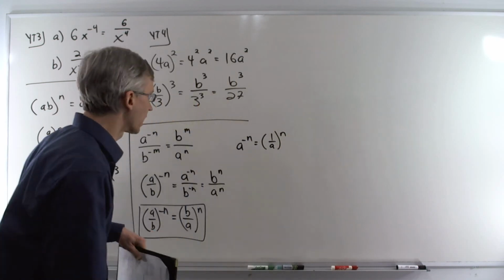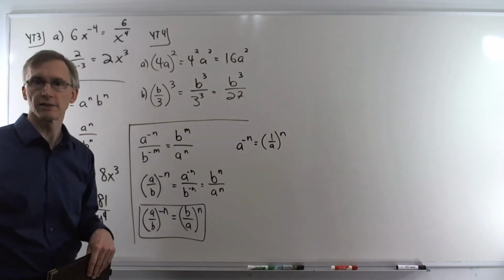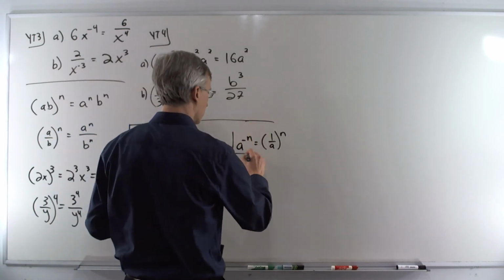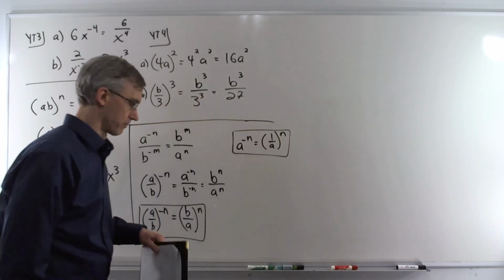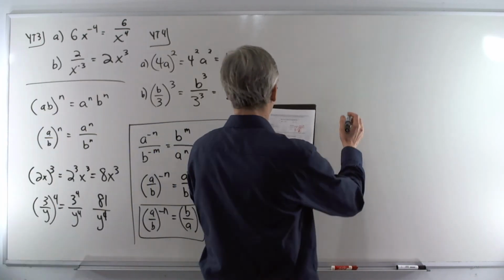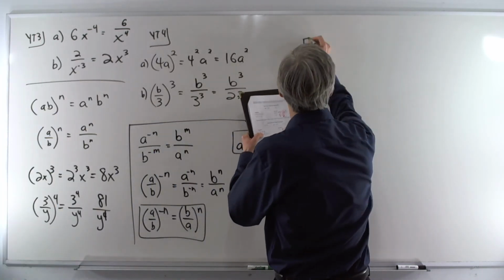And finally, a to the negative n equals 1 over a to the n. So a little shortcut for combining a couple rules there. Next example, example 5.